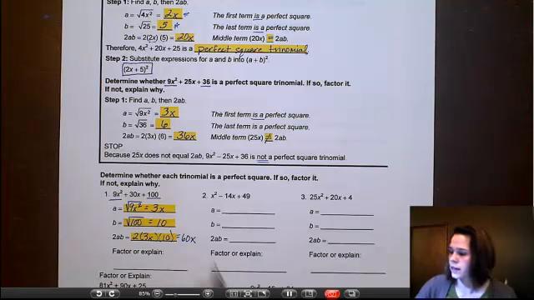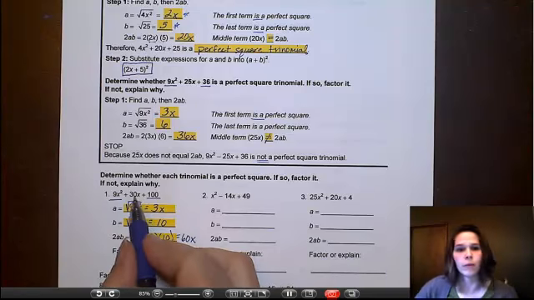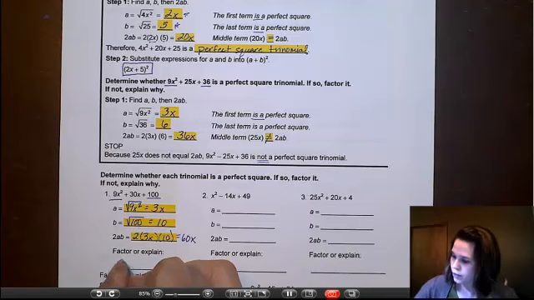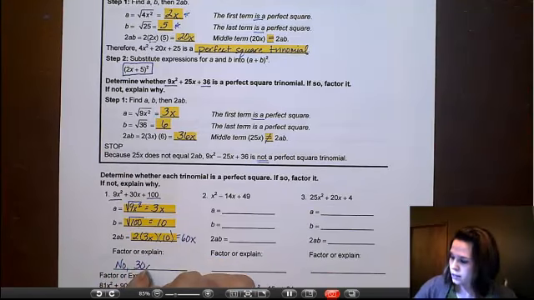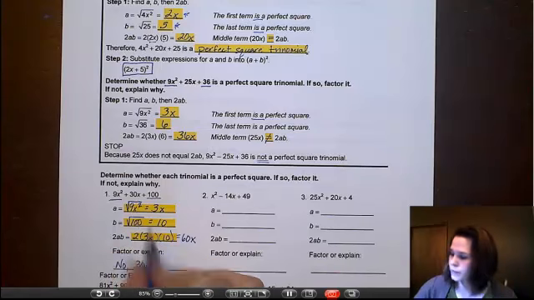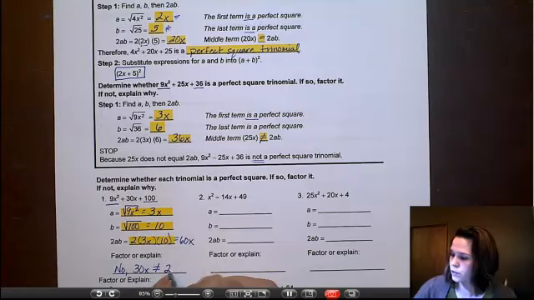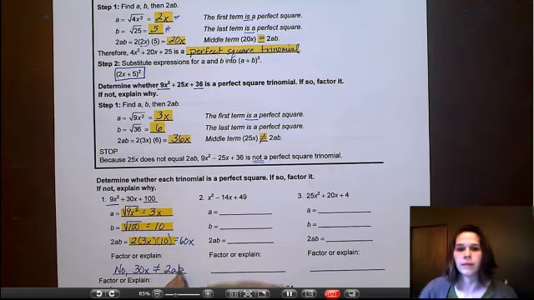Let's go back and check. Is 60x equal to my middle term up above? No. So, is it a perfect square trinomial? No, it's not. The 30x, which it gave as our middle term, is not equal to what we found to be 2ab.